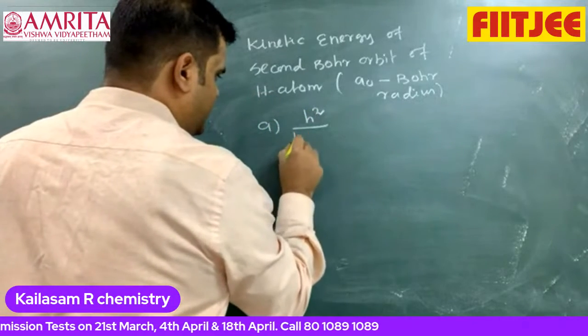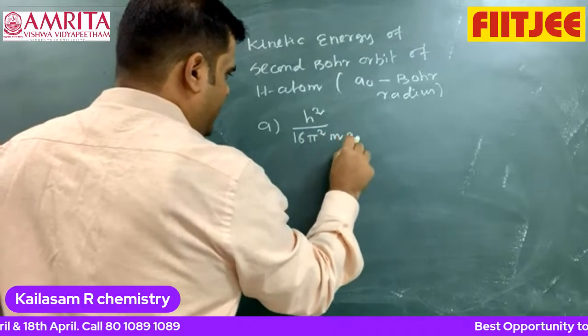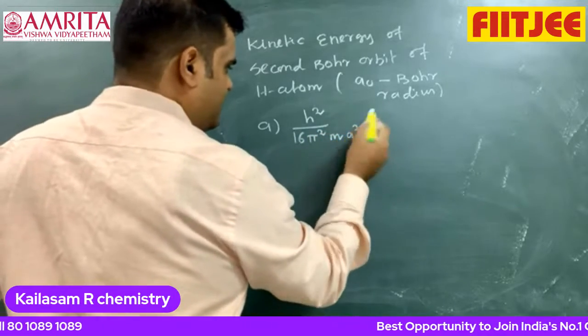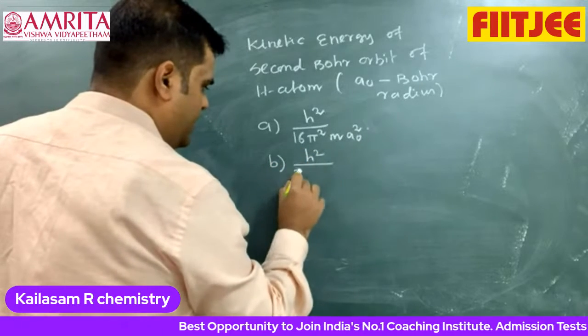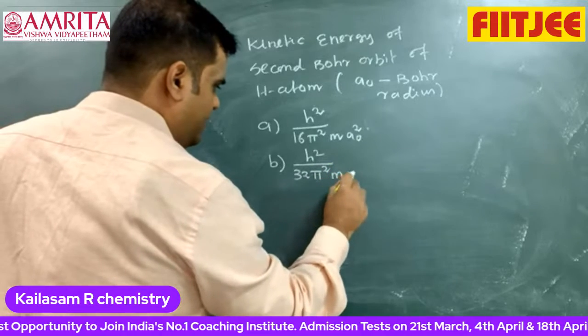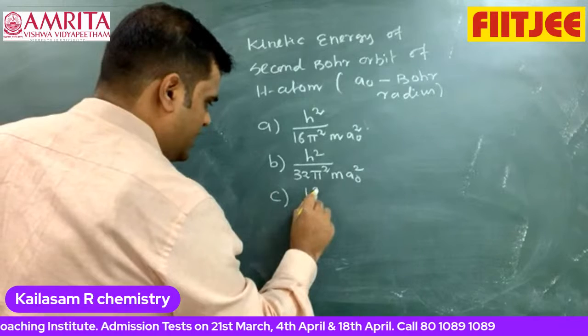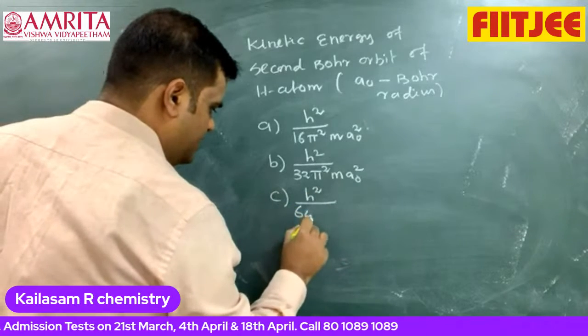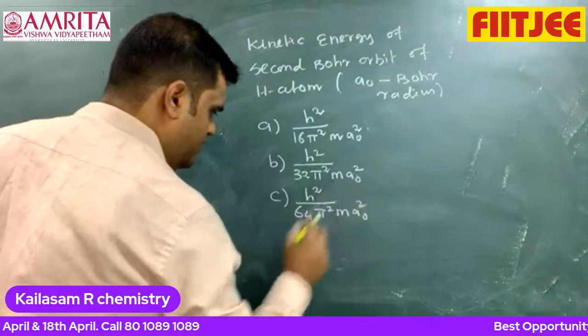Option A, h squared by 16 pi square m a naught square. Option B, h squared by 32 pi square m a naught square. Option C, h squared by 64 pi square m a naught square.